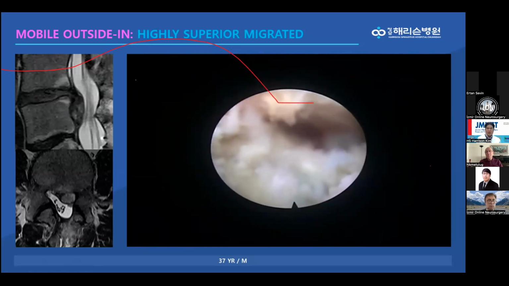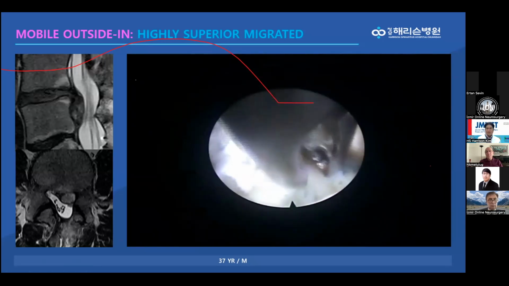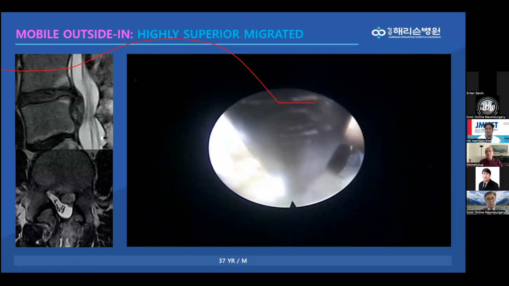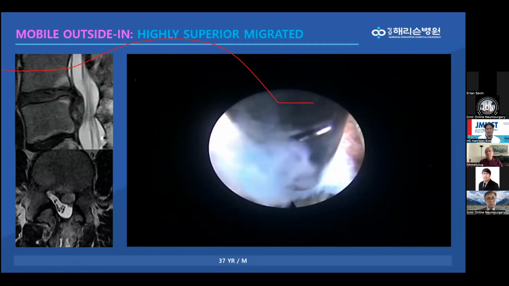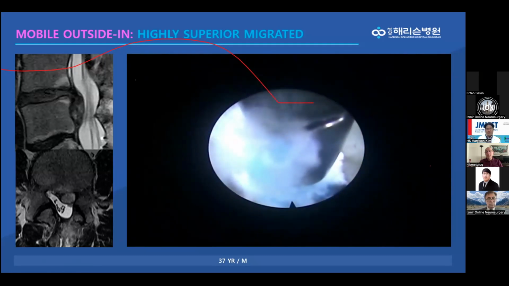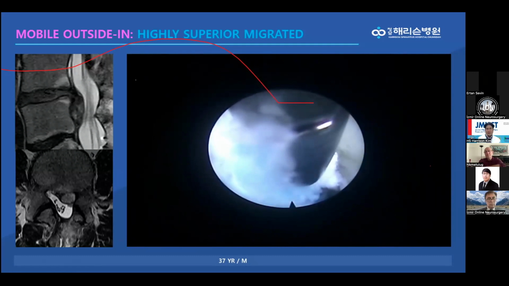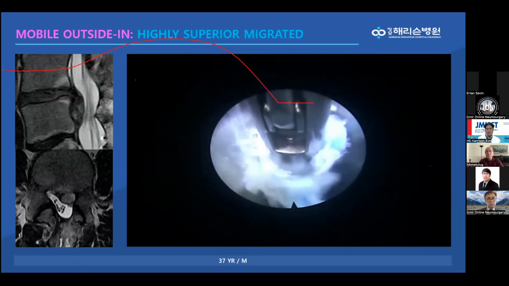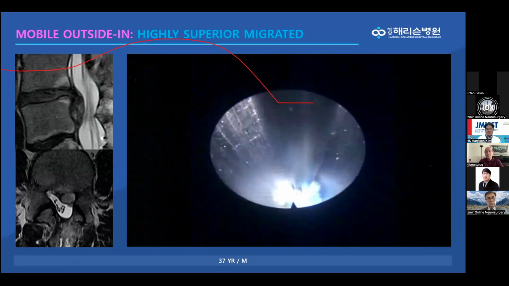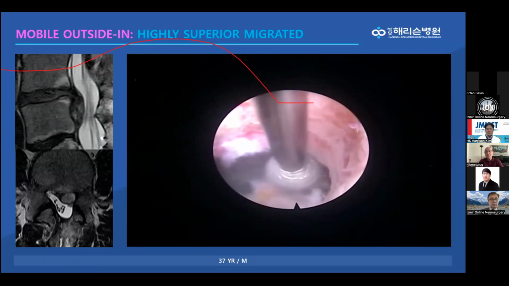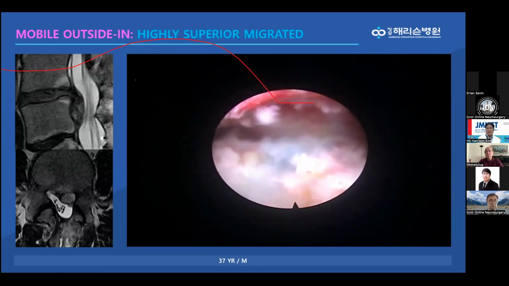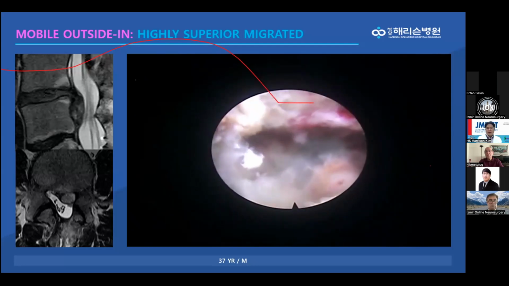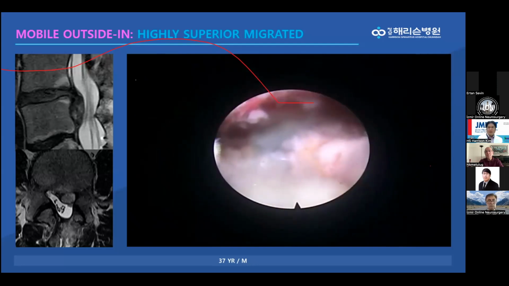Now, during the pedicle, here are cases of highly inferior migrated discs. You can see here sufficient suprapedicular technique and a free root. Now checking the free root and space. After that, like this.